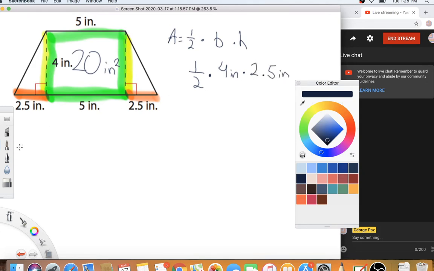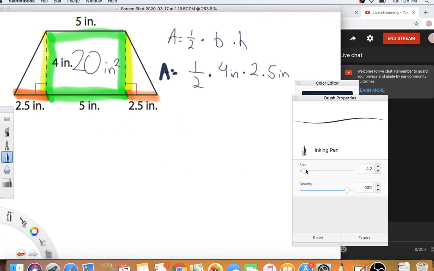Now, when we continue doing this, what is half of 4 inches? Half of 4 is 2 inches. And then we multiply that times 2.5 inches.